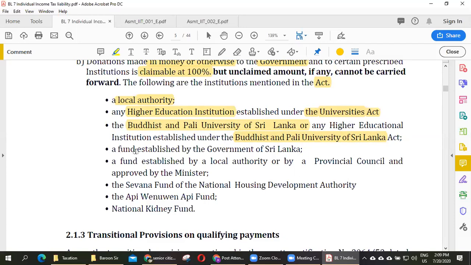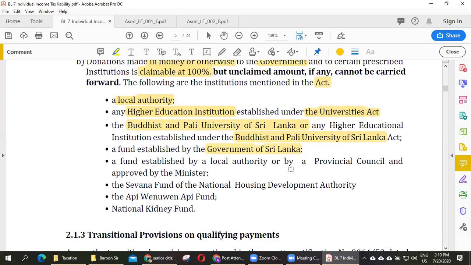And a fund established by the government of Sri Lanka. Can you say some example? A fund established by the government of Sri Lanka. Which fund?